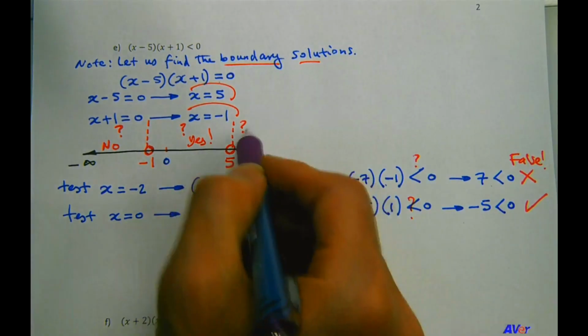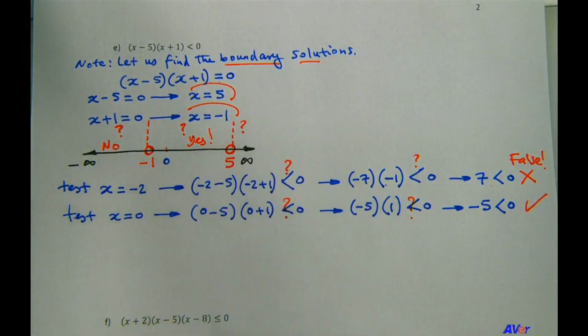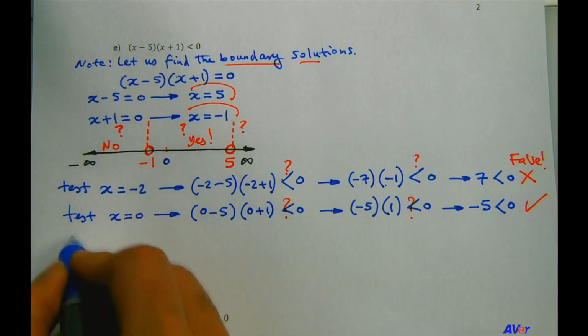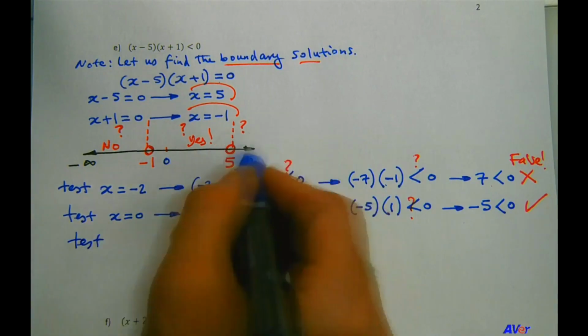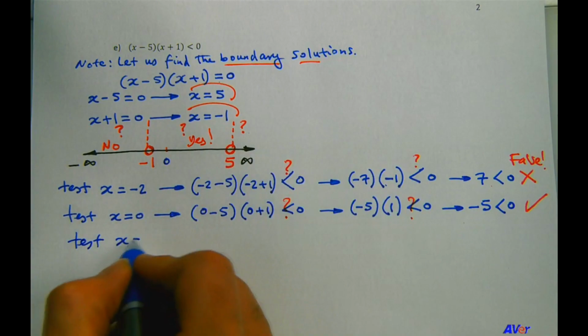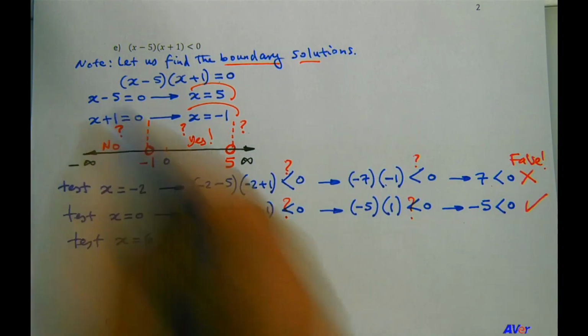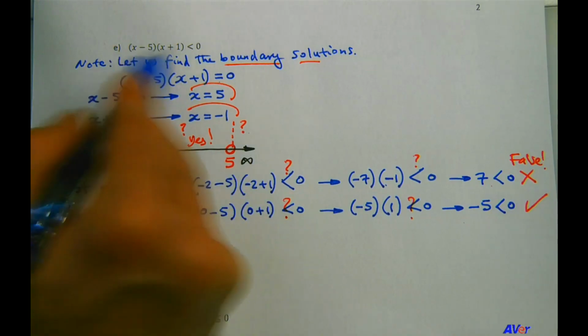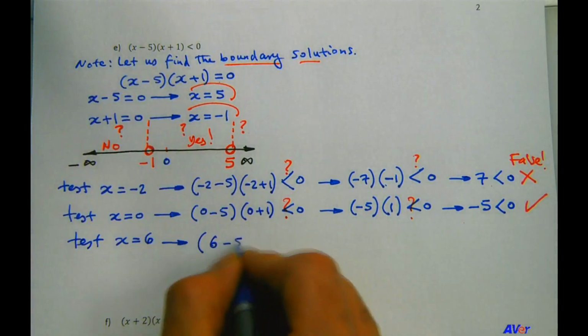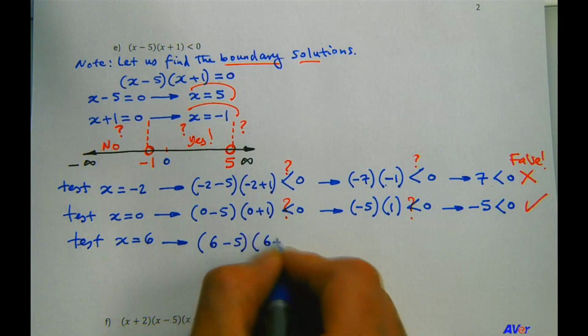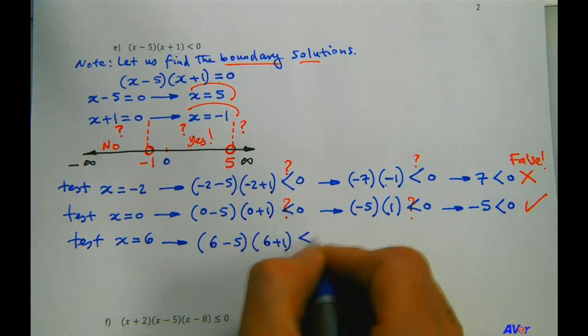And finally, we have this region to check. So let's pick a number in this region. We're going to test an easy number in that region, which would be x equals 6. Plugging in here, 6 minus 5 times 6 plus 1 less than 0.